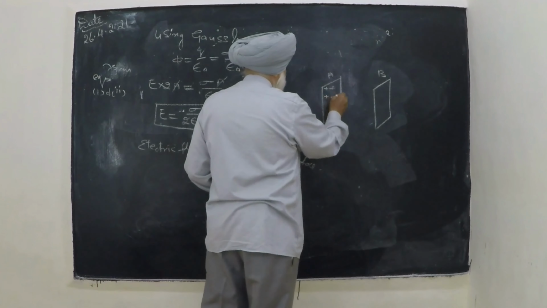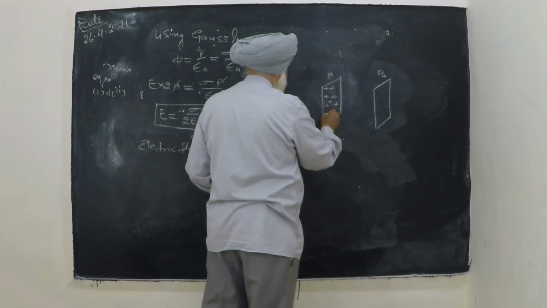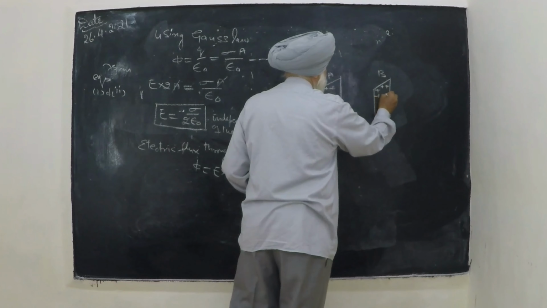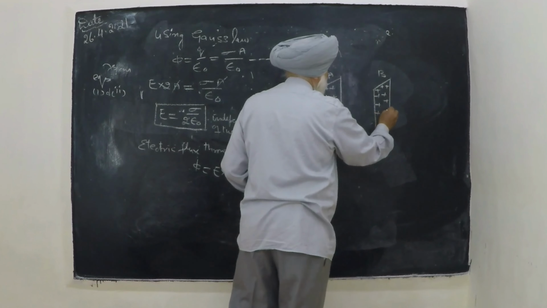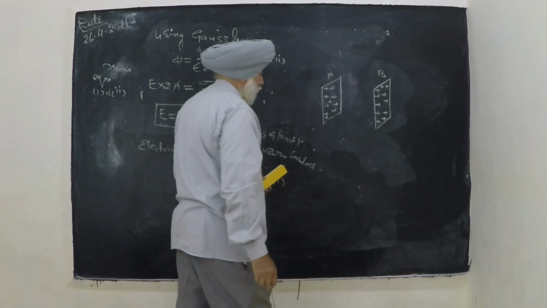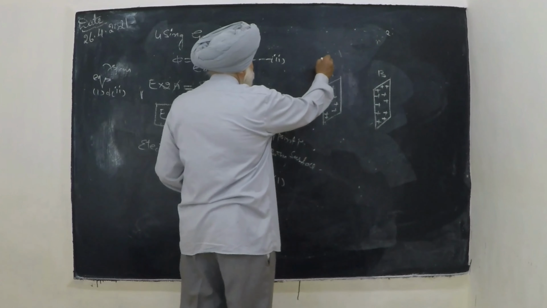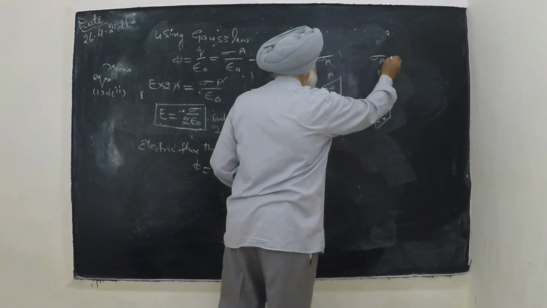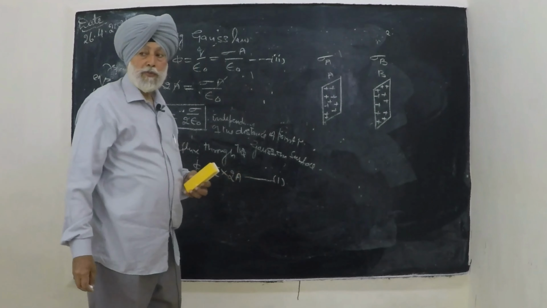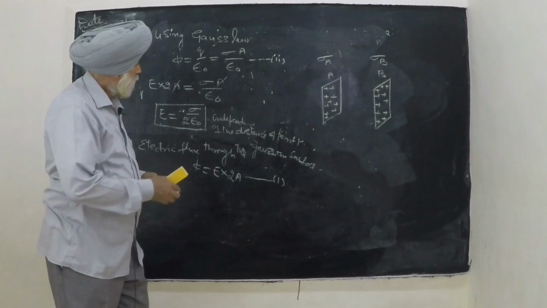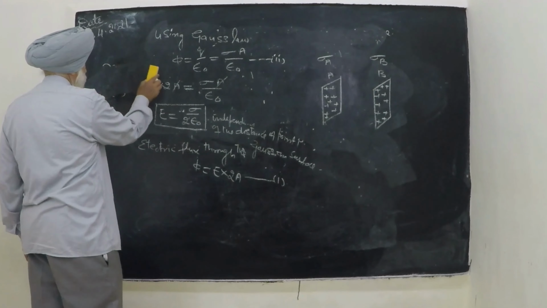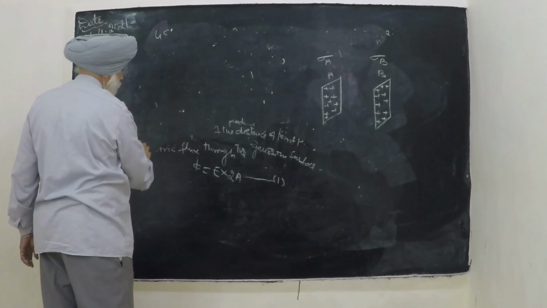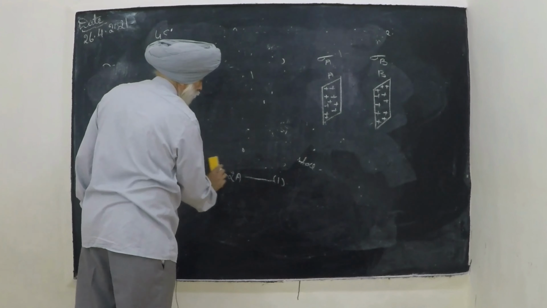They are positively charged. Sigma A and sigma B are the surface charge densities. Now these two parallel sheets divide the space into three regions.